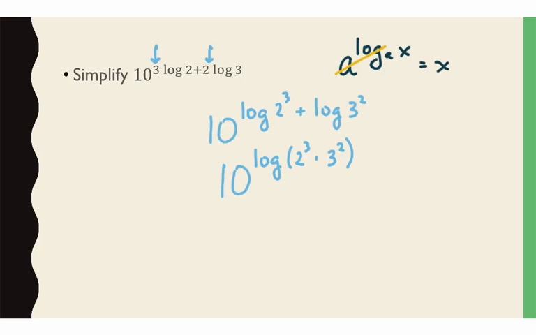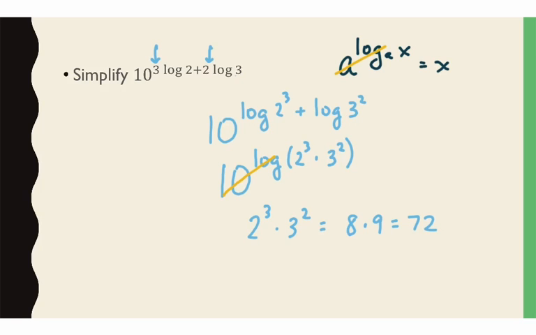Now we're at a place where we have the setup we want. We have the 10 and we have the log base 10 right next to each other. They can cancel out, which leaves me 2 to the third times 3 squared, or 8 times 9, which is 72.